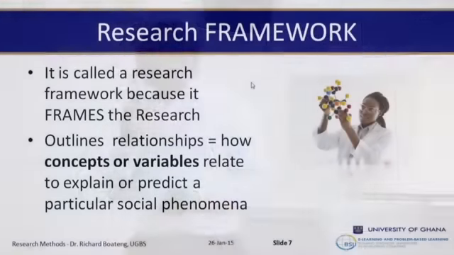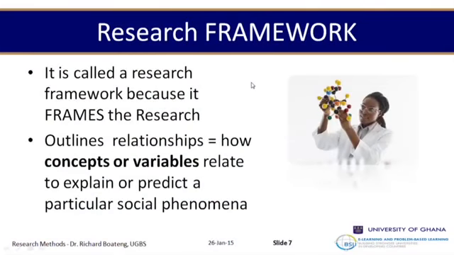However, because you have said that these three economic factors are what you are studying, those three factors will guide the research questions that you have. Hence, we say that it frames the research. That's why we have a research framework. It outlines relationships, how concepts and variables relate, to explain or predict a particular social phenomenon.